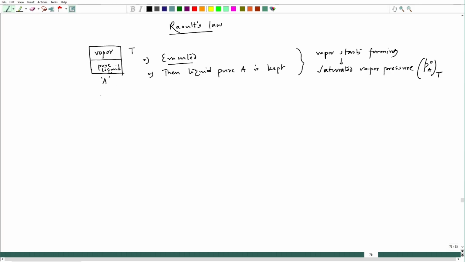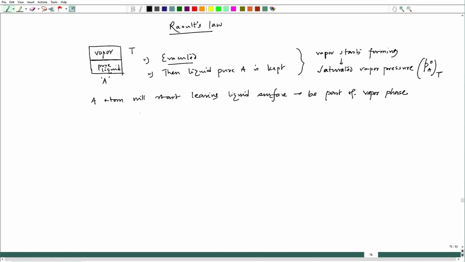Now, if we see this particular surface, which is the liquid vapor interface, A atoms will start leaving the liquid surface and become part of the vapor phase. Okay.